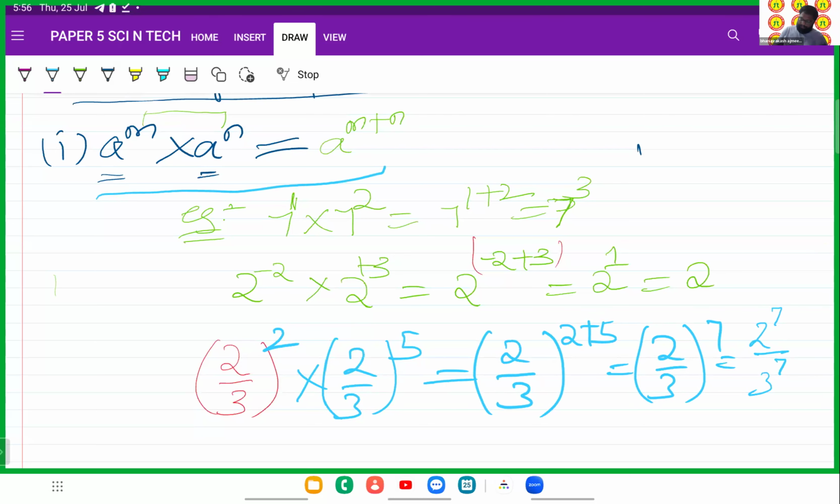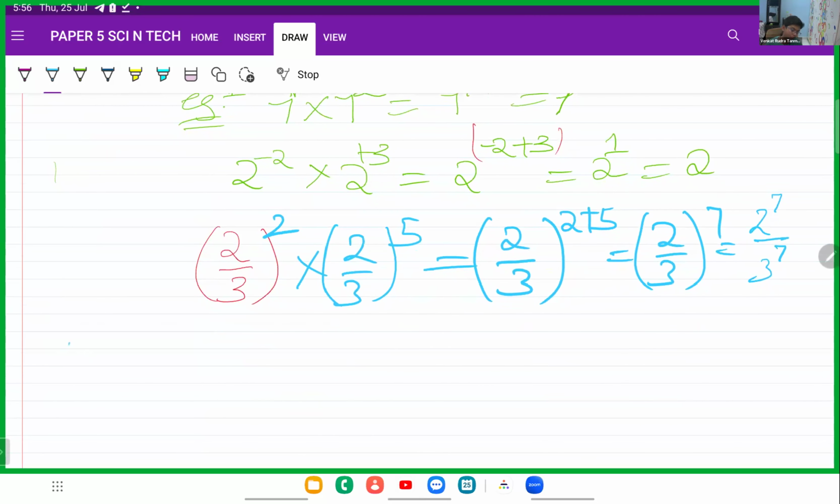So when bases are same, what is the note here?